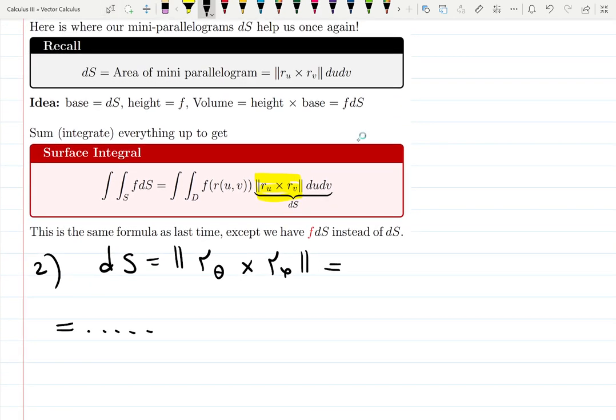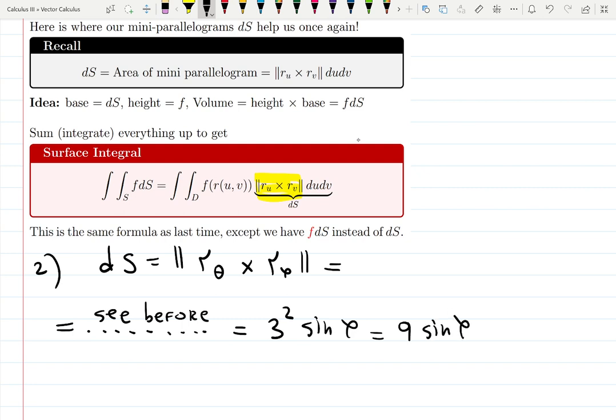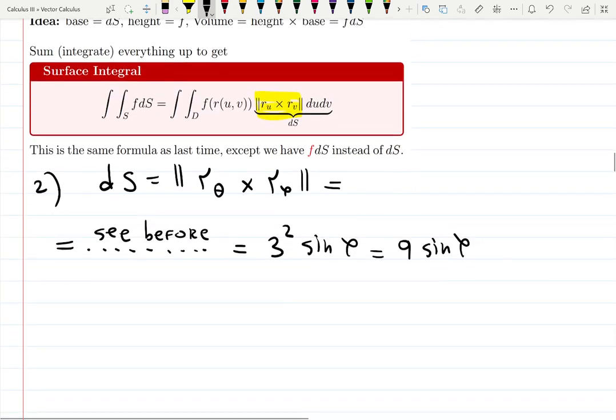See before, because we did exactly the same parametrization where we differentiated everything. Now you just need not to forget to find the magnitude of that, which is 3 squared sine phi equals 9 sine phi. Remember that you factor out something, sine square plus cosine square gives you 1, so sometimes it's a very nice number. And finally you build this integral.